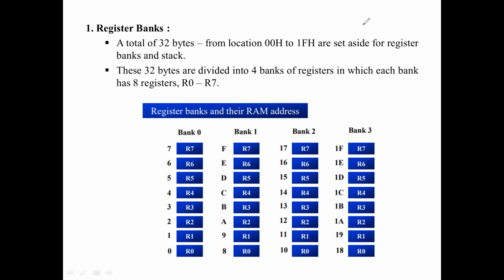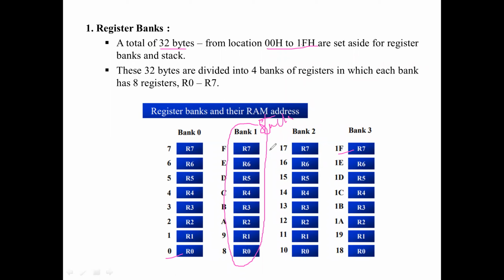The same thing is written theoretically. We have 32 bytes from here to here with corresponding addresses. Particularly, bank one is used for stack operation. Stack is nothing but a temporary area for the user for storing information.